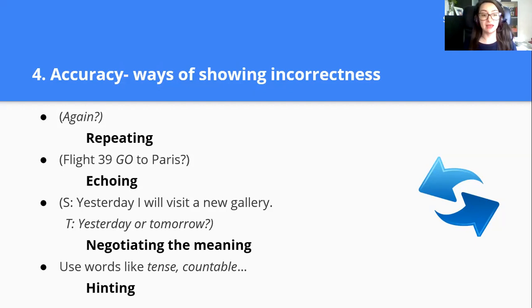Let's take, for example, the sentence Flight 39, go to Paris. You can say tense, meaning change the tense, please. If your student says this, my sister gave me 3 advices, you can simply say uncountable, meaning advice is uncountable. Trust me, more advanced students really get these hints and they self-correct their sentences.